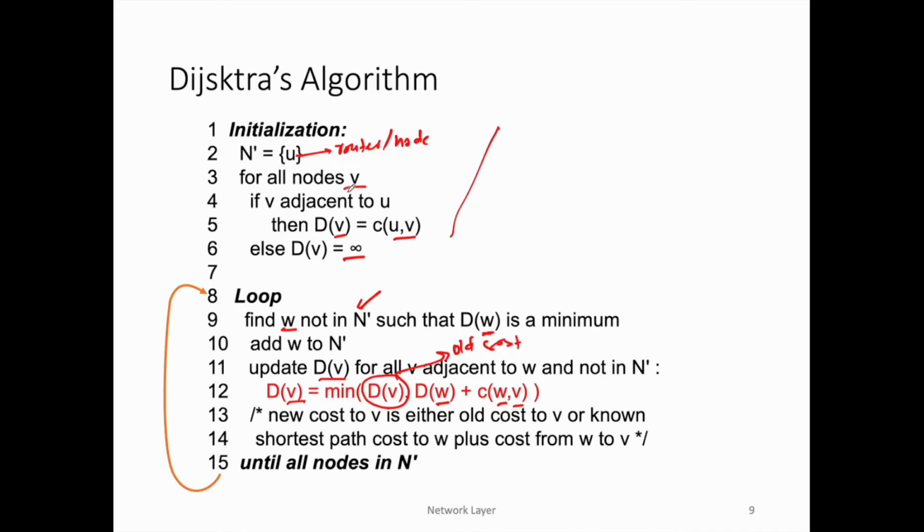For all the adjacent nodes, like v, x and w in our example, this cost is known, so it can be calculated. And if it's not an adjacent node, the cost is infinity, which is true in the case of node y and node z.